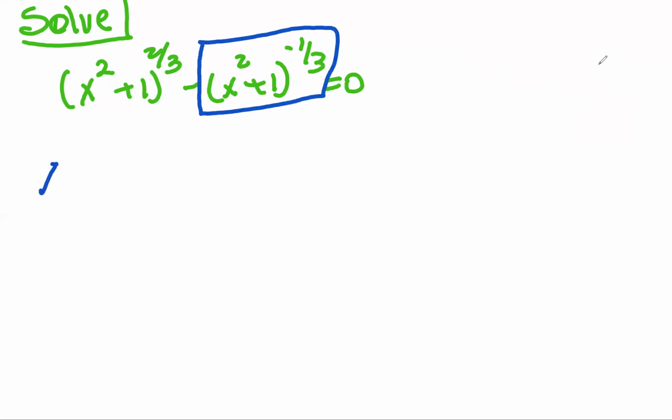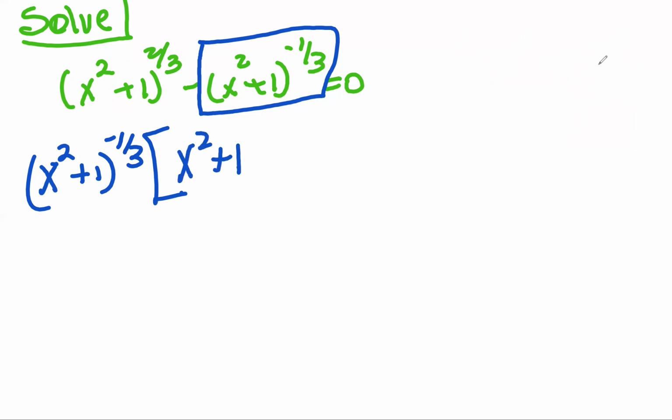So that would give me (x squared plus 1) to the negative 1/3 times 2/3 minus negative 1/3, which is 3 over 3, or 1. So that leaves me x squared plus 1 minus, when I factor that out, that's 1, equals 0.